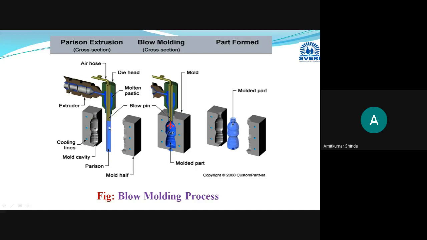Initially the parison is manufactured. Parison, also termed as the preform, is a hot hollow tube made up of thermoplastic material, and it is placed in the die cavity, sorry, in the mold cavity.